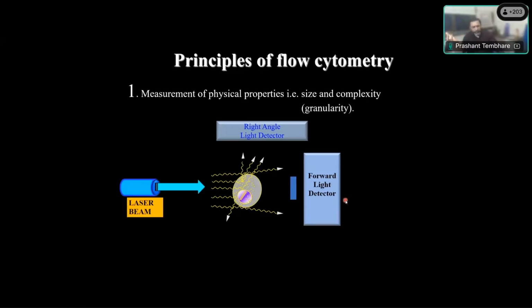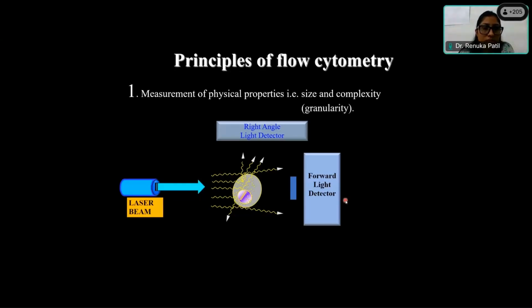What are the physical properties of a cell when we look at a smear or bone marrow? Sir, size of the cell, also the complexity, like if granules are present that gives the complexity, that is granularity.